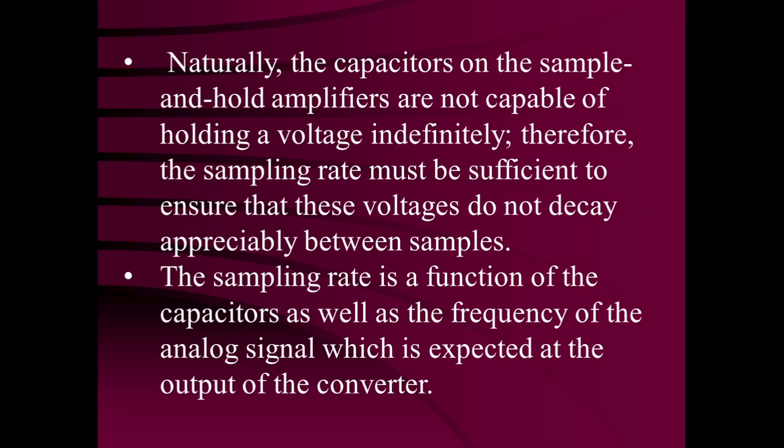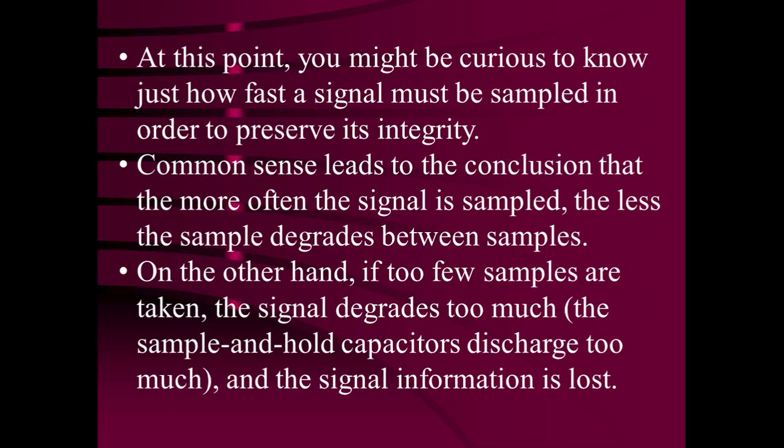The sample rate is a function of the capacitor as well as the frequency of the analog signal which is expected at the output of the converter. At this point, you might be curious to know just how fast a signal must be sampled in order to preserve its integrity. Common sense leads to the conclusion that the more often the signal is sampled, the less the sample degrades between samples.